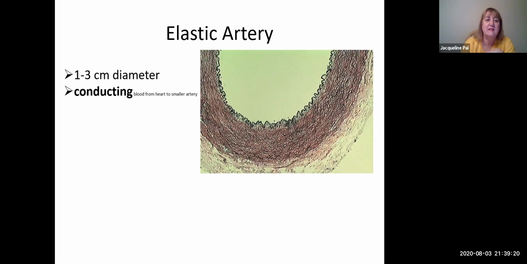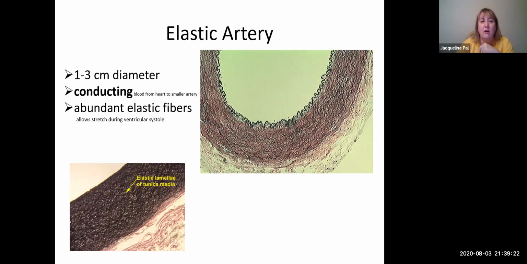Elastic arteries are called elastic arteries because their wall has not just the internal and external elastic lamina, but elastic fibers all the way through. So it's hard to see 2 discrete lamina. On an elastic stain, you just see the black elastic fibers almost the entire thickness of the blood vessel wall.